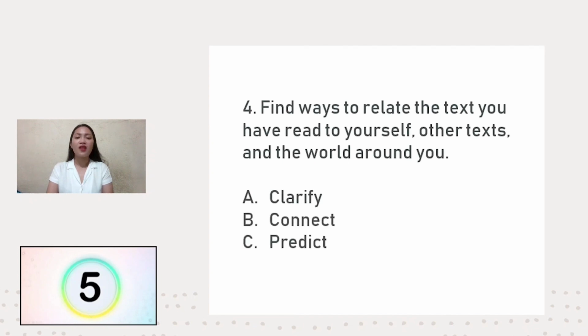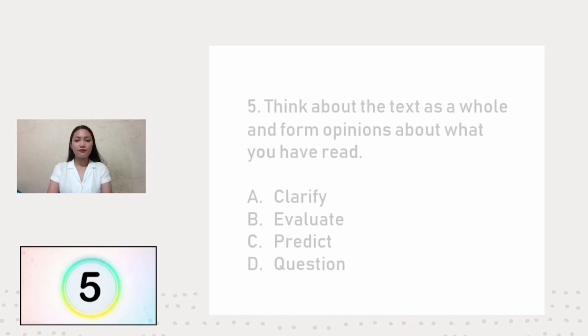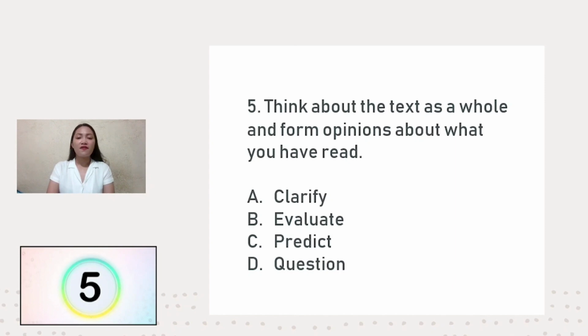Number 4. Find ways to relate the text you have read to yourself, other texts, and the world around you. A. Clarify. B. Connect. C. Predict. D. Visualize. Number 5. Think about the text as a whole and form opinions about what you have read.